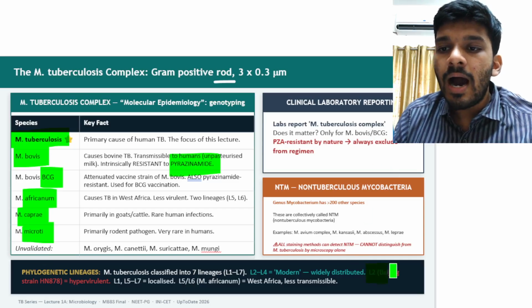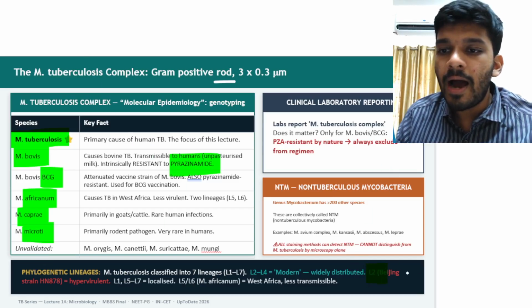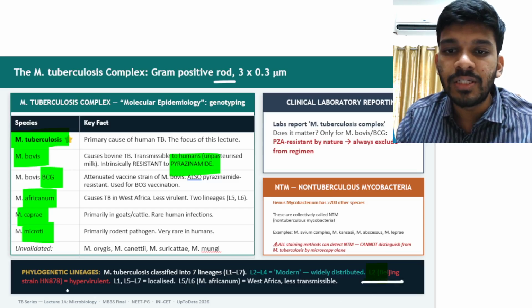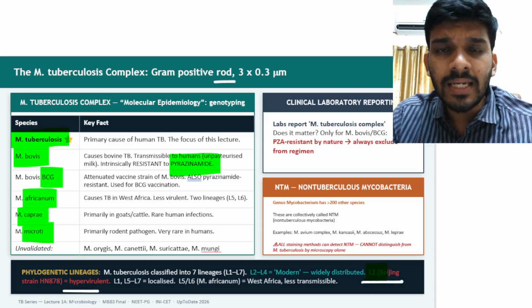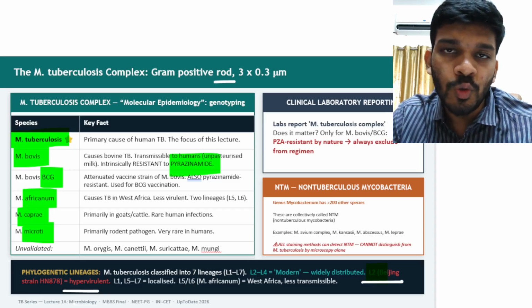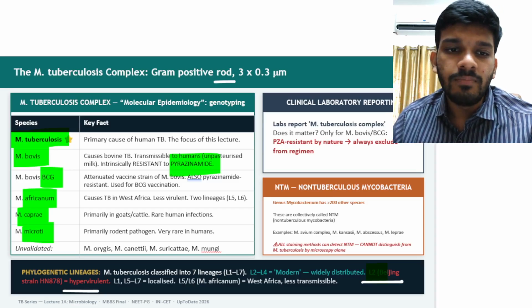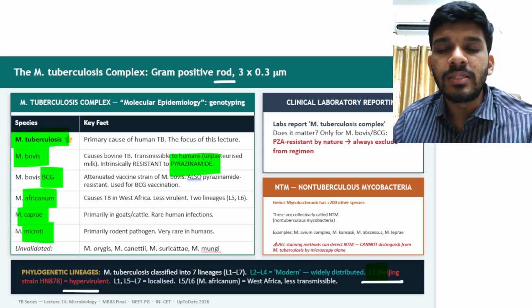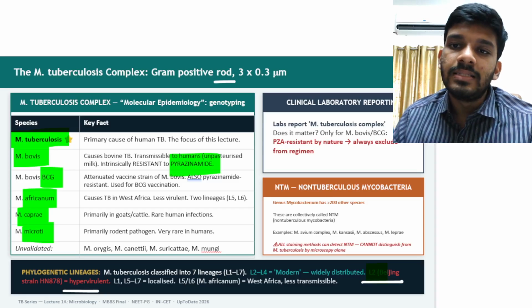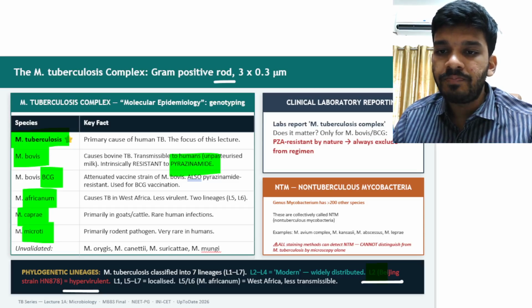So L2 is a hypervirulent strain called the Beijing strain. So these are certain single liner questions that can sometimes be asked to you, and they are important. But my main idea of telling you about this slide was pyrazinamide resistance in Mycobacterium bovis.